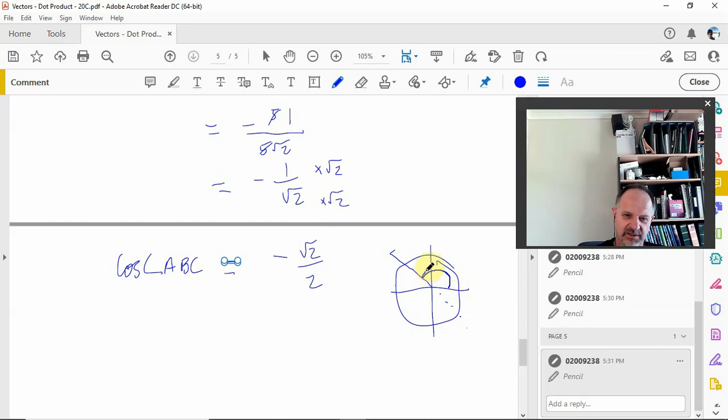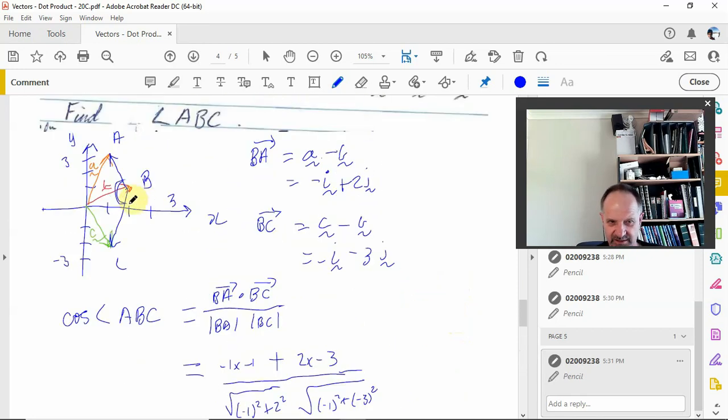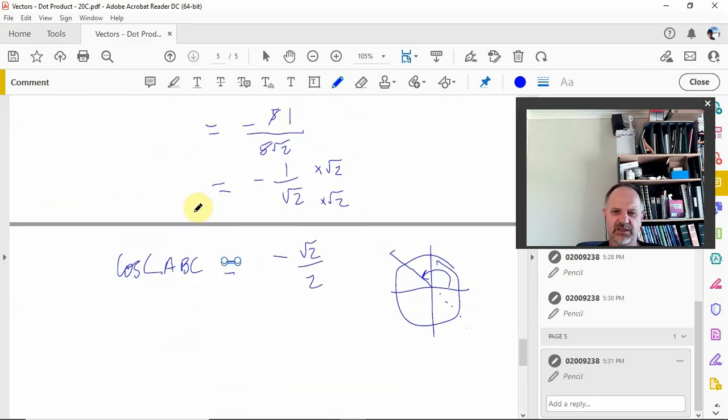We just need to worry about that angle there, the positive direction angle between these vectors, because if we go back to our sketch, it's a big wide angle. So we're after that big angle in there. Now, root 2 on 2 relates to pi on 4.